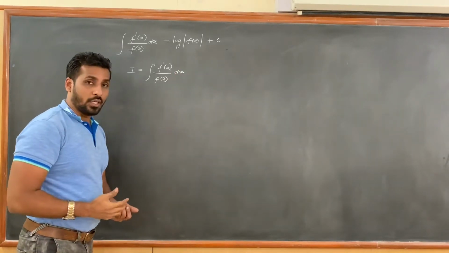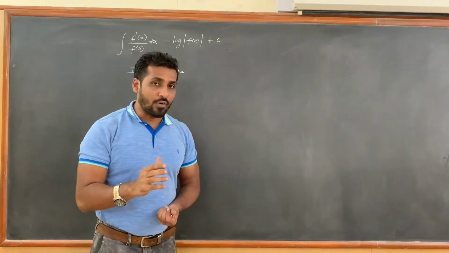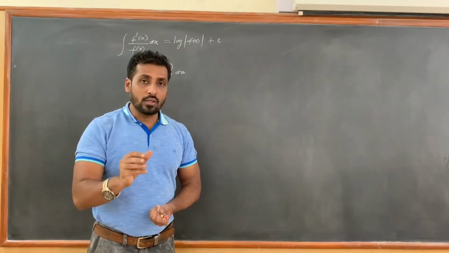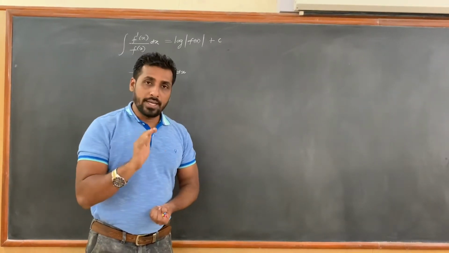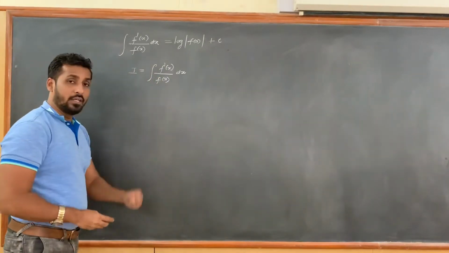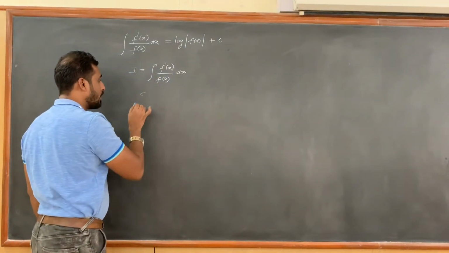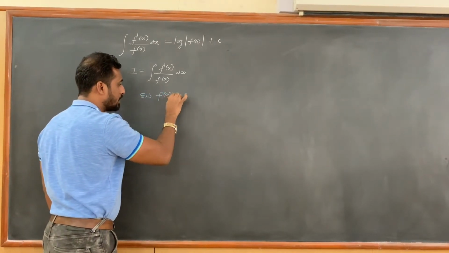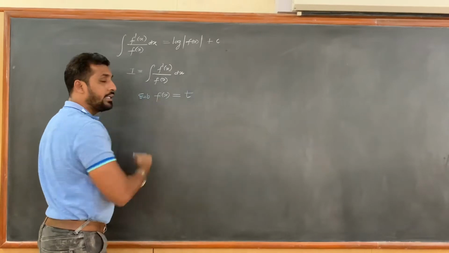So in substitution, I will have to identify a particular function which can be substituted with a new variable. In our corollary here, what I am going to do is substitute, say, f of x as t.